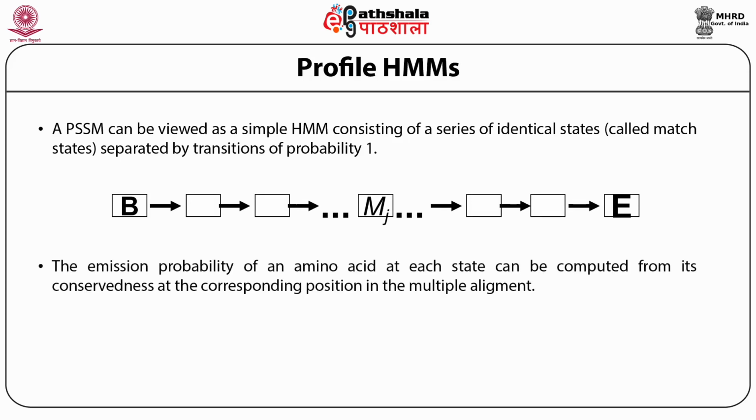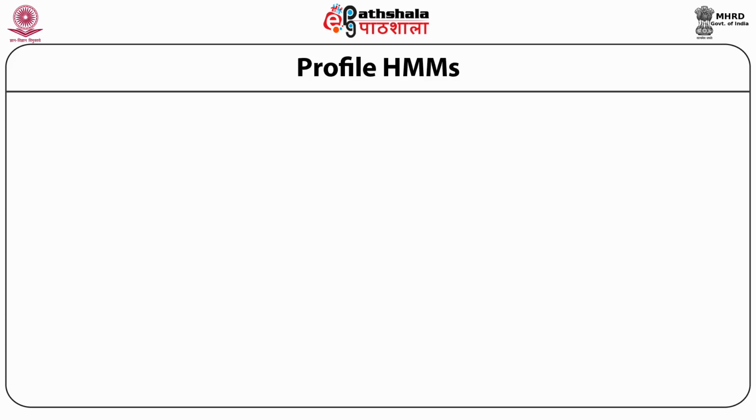The emission probability of an amino acid at each of these states is simply the frequency of amino acids at that particular position of the PSSM, right? That is fine. So how do I now handle gaps, indels? I can think of them as handling insertions and deletions. I have to add additional states. So we model insertions and deletions as new states.